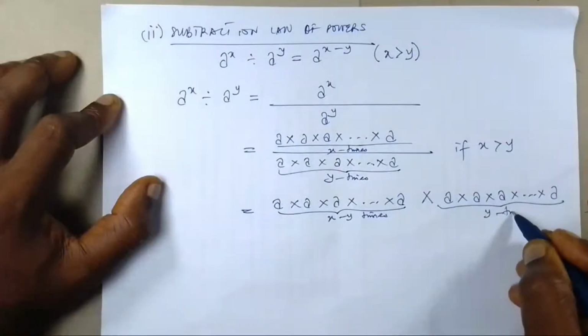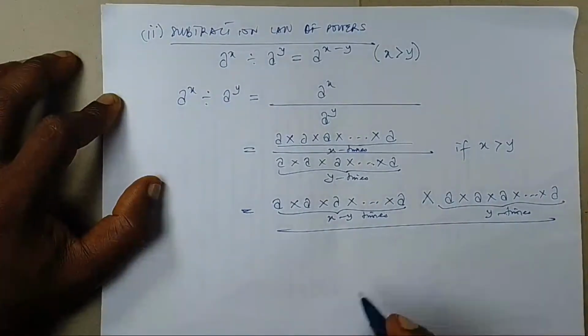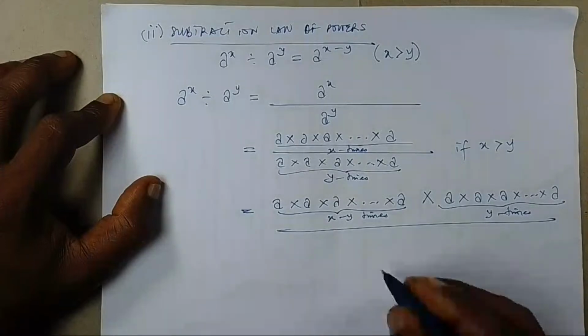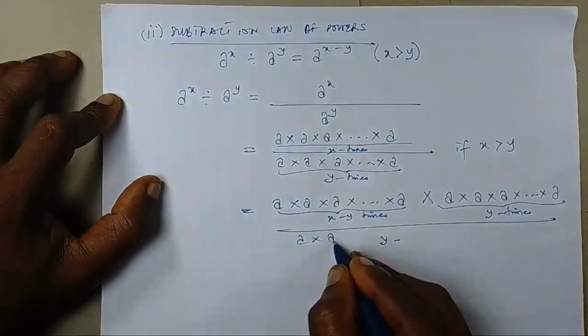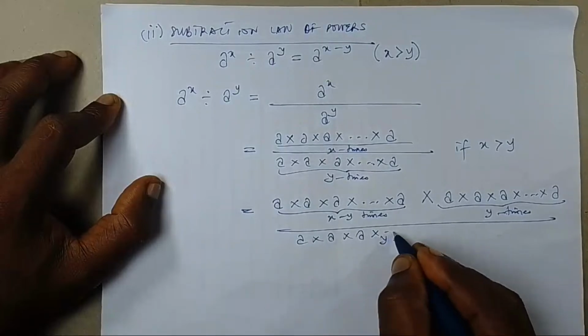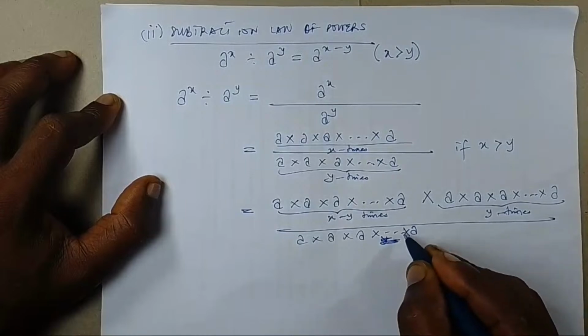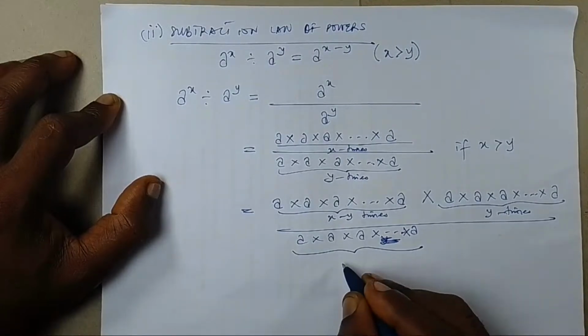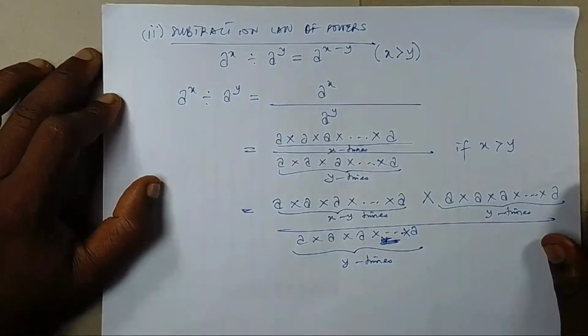It is because the number of a's in the numerator is greater than the number of a's in the denominator. There are y a's in the denominator, so I have a times a times ellipsis a in my denominator.